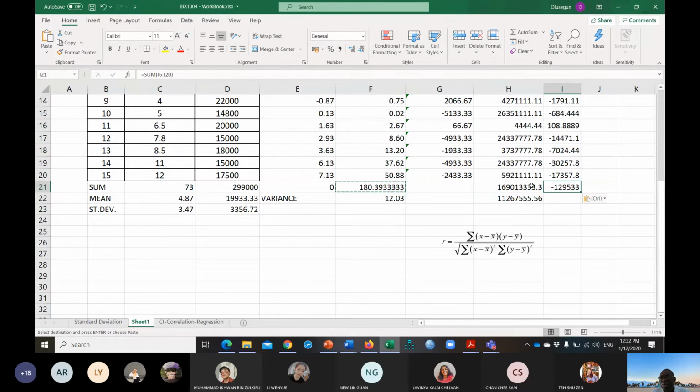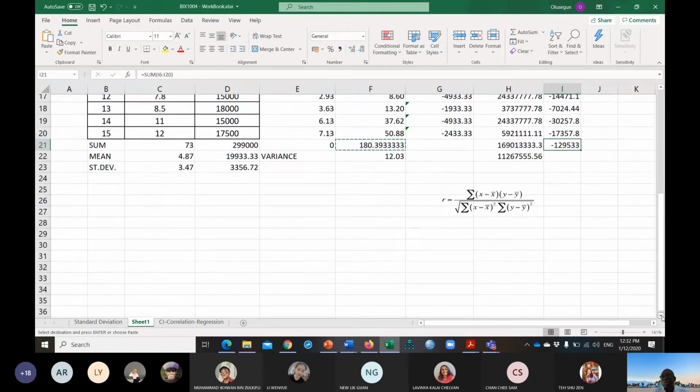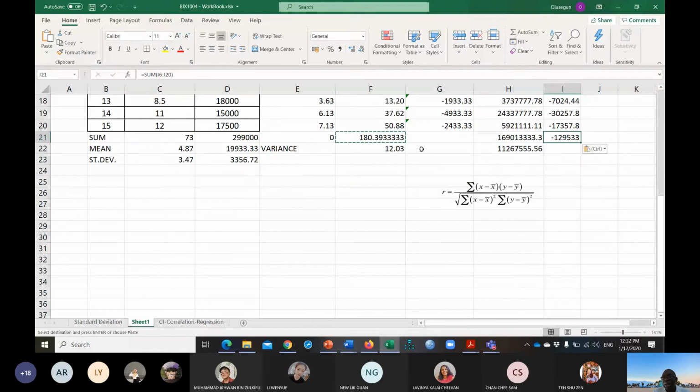This is going to be a very long figure. I have this. Then I want to get this one, which is this multiplied by this, and that will be dividing this. And I need to get the square root of this, okay?